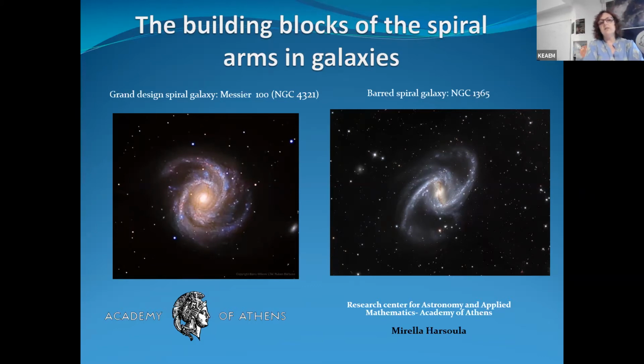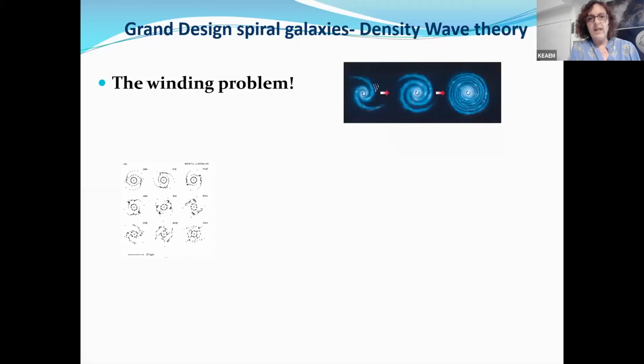For the case of grand design spiral galaxies, we have the density wave theory, which says that there are ordered elliptical orbits that can support the building blocks of the spiral arms, while in the case of barred spiral galaxies, where the perturbation is much larger and no ordered orbits can be found, there is another, more recent theory, called the manifold theory of chaotic spiral arms, which says that in fact chaotic orbits support these building blocks. Let's begin from the grand design spiral galaxies and the density wave theory.